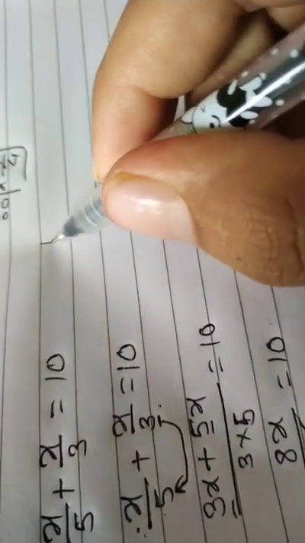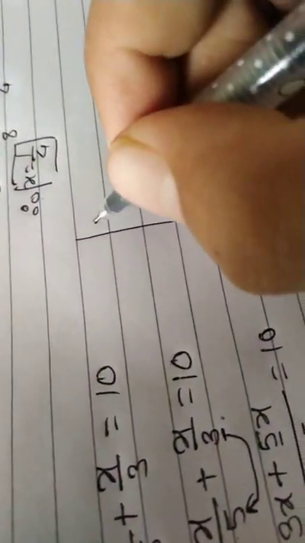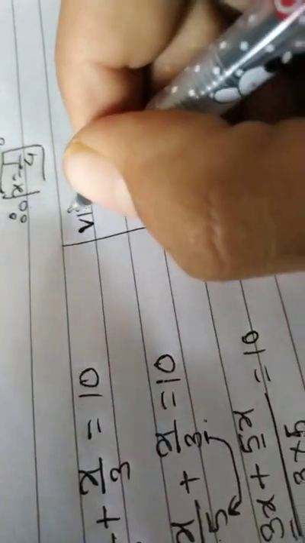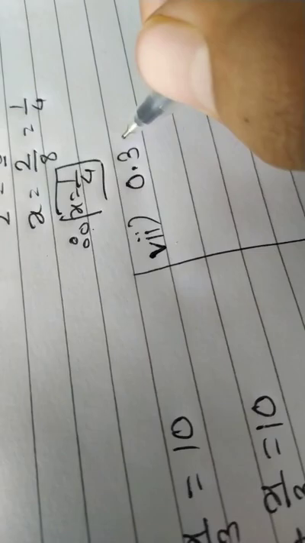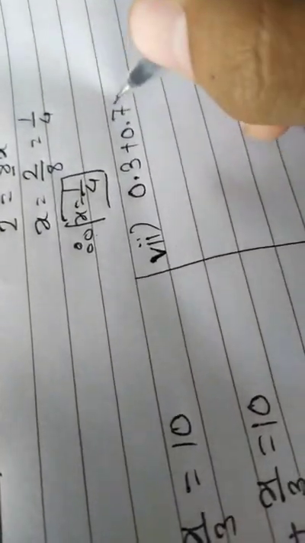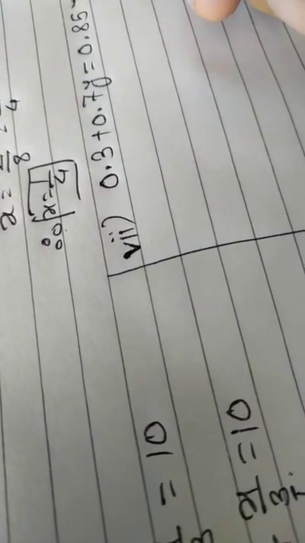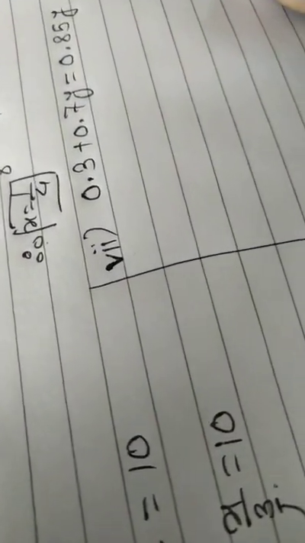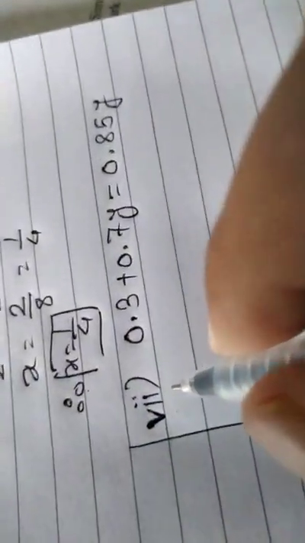I hope you understood this. So the last problem is number 7: 0.3 plus 0.7y is equal to 0.85y. It's quite an easy one. Just look how we are going to solve this.